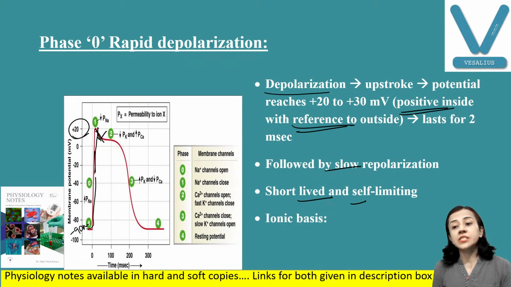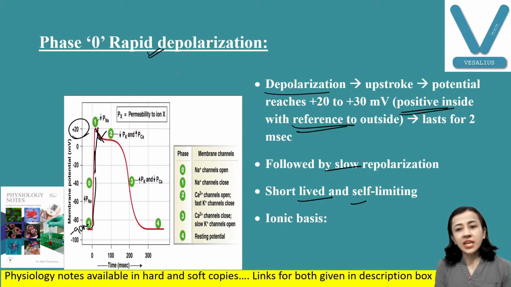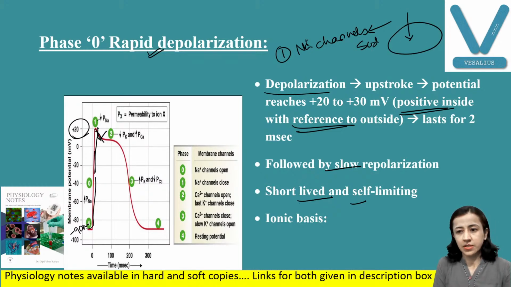Now, what are the ionic bases of this rapid depolarization, or phase 0? Number one, there is opening of voltage gated sodium channels, and because of this there is an influx of sodium ions inside the cell. Therefore the membrane potential starts becoming positive. There is a 100-fold increase in the permeability of sodium ions when the stimulus is given.